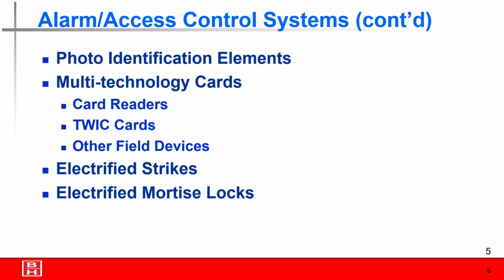Biometric readers come in many different forms, mostly finger, to allow you in. Other field devices include electrified locks, door position switches, request to exit devices, and gates. Again, all these devices are limiting the flow of people to secure areas, making sure that they are safe.